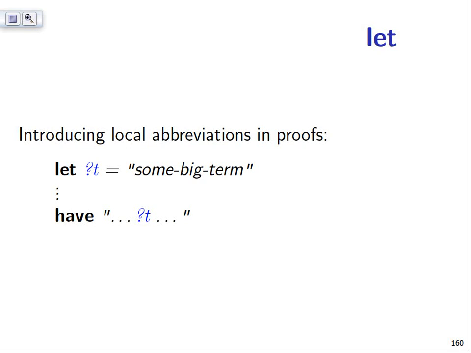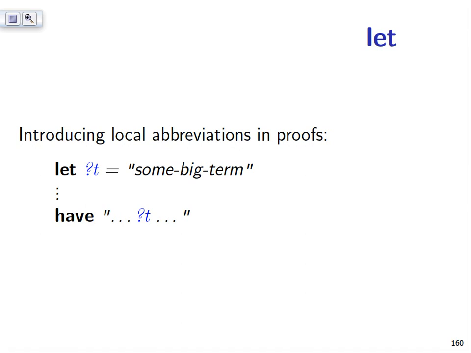And here is how you can explicitly introduce an abbreviation. So if there's some big term that maybe occurs repeatedly, or even if it doesn't occur repeatedly, if you just want to bring it out, then in the middle of a proof you can say let question mark and then some name equal and then some big term, and this will just be an abbreviation for that big term, and then you can use that question mark T in further statements and avoid having to write the big term out in full.